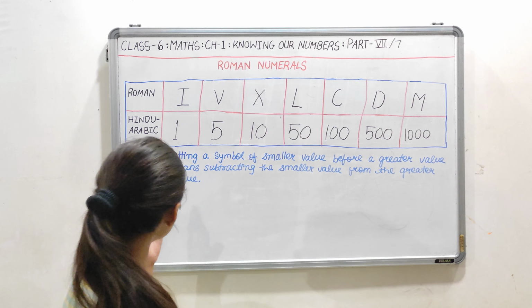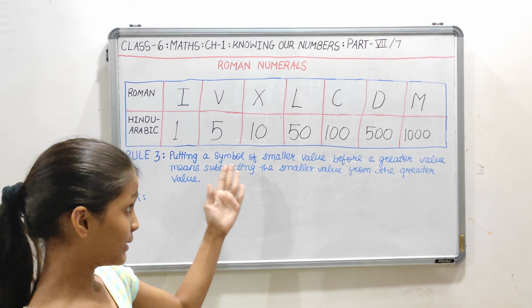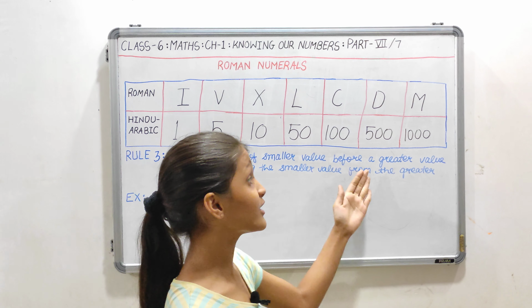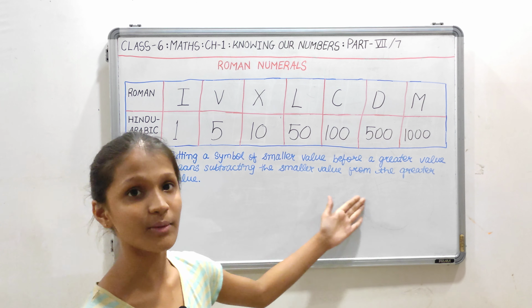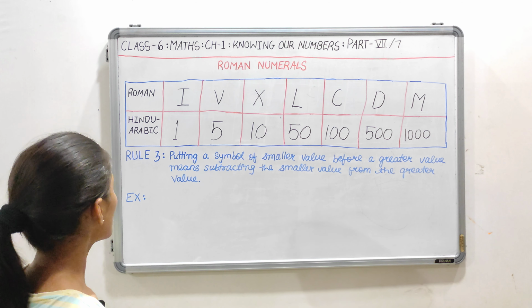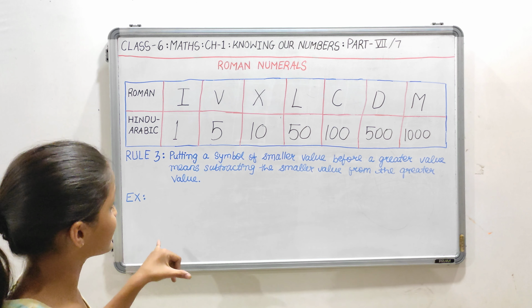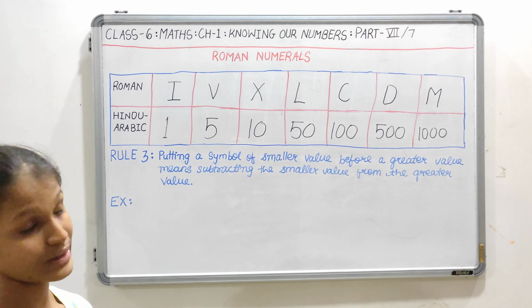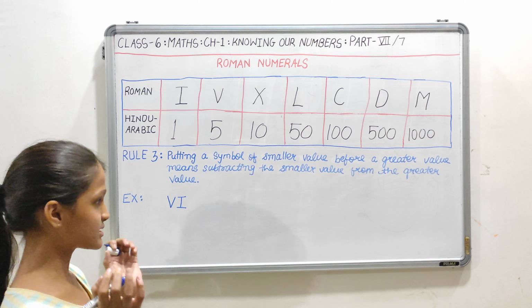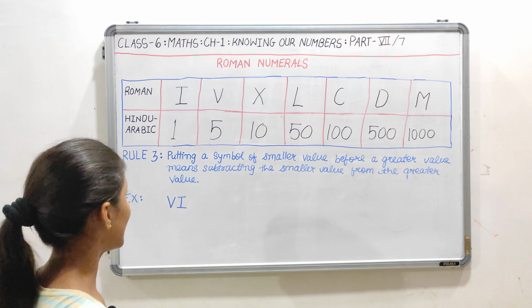Our next rule is rule 3. Putting a symbol of smaller value before a greater value means subtracting the smaller value from the greater value. For example, if we again take the smaller value as 1 and the greater value as 5, we put I and V in this arrangement.